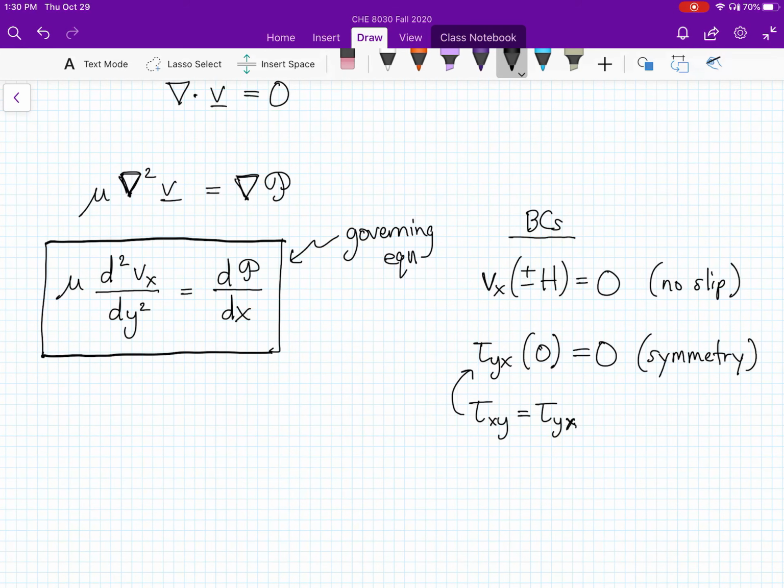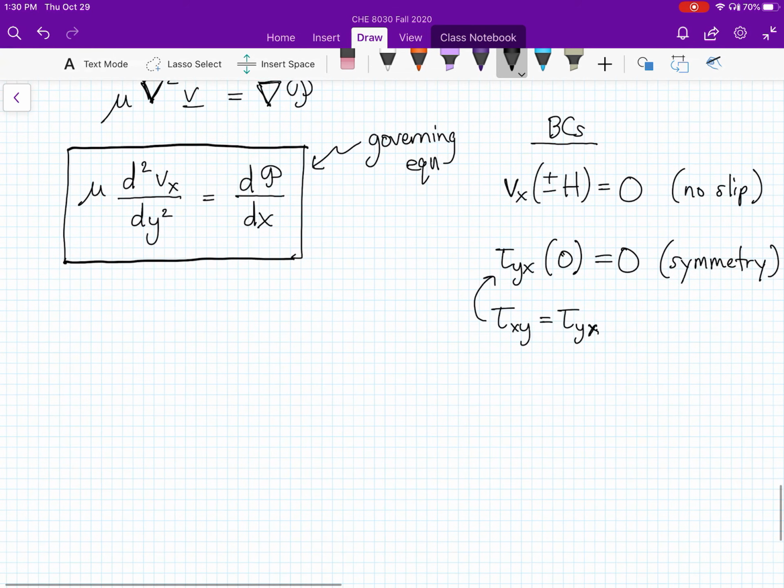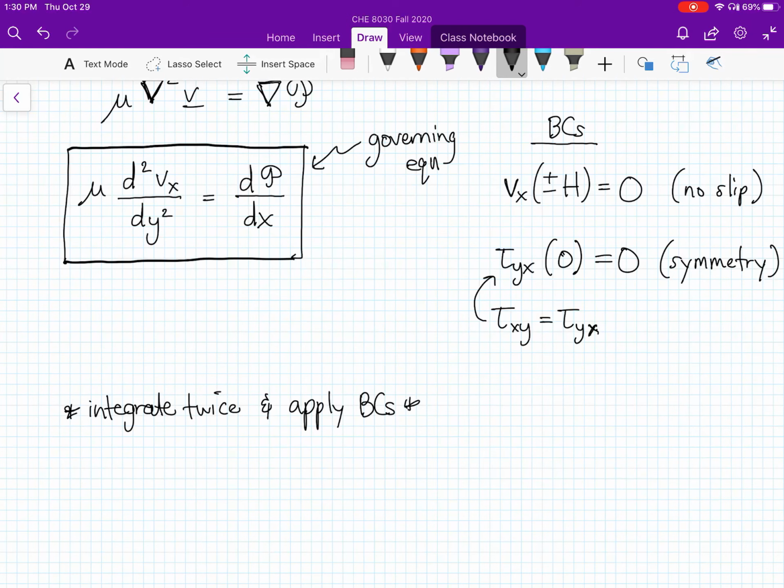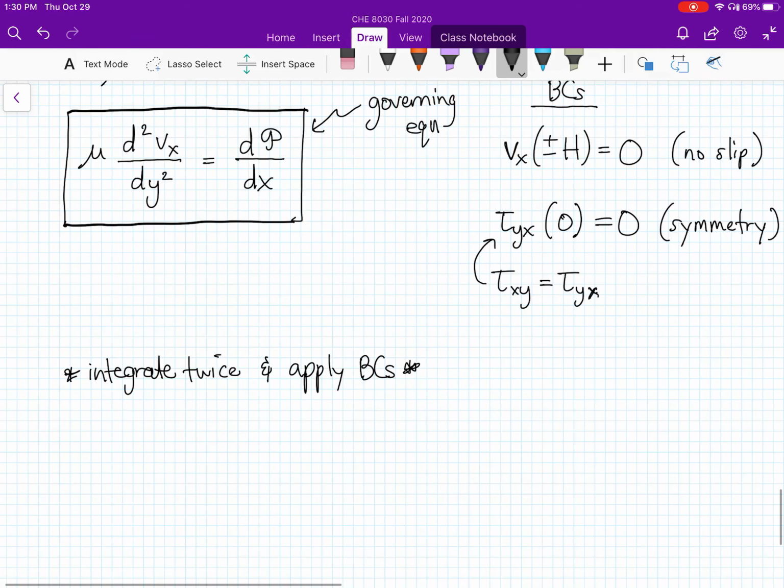Okay, so now let's solve that governing equation and apply those boundary conditions. We are going to integrate twice and apply boundary conditions. I'm not going to go through the math. This is supposed to be somewhat of a review. What I end up with is the velocity profile of my fluid.